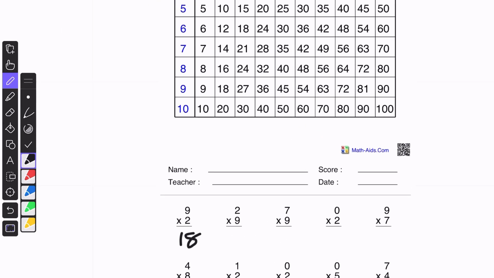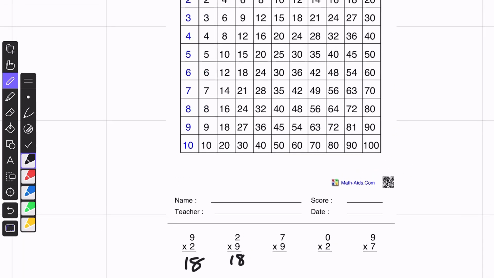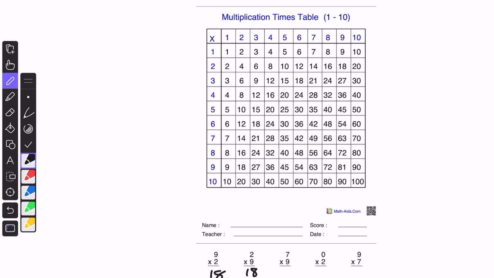And then 2 times 9 is going to be the same thing because they're just the same numbers. And then 7 times 9, I go to 7, and I see 9, and then I go until they meet, and then I see that 63 is going to be our answer.